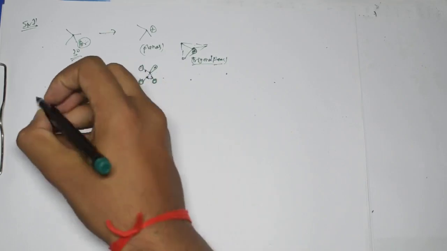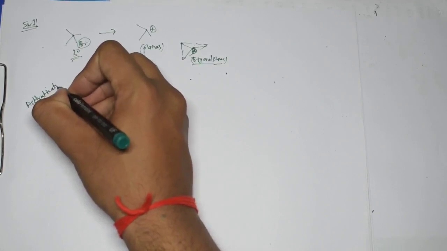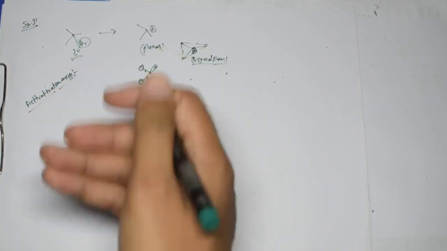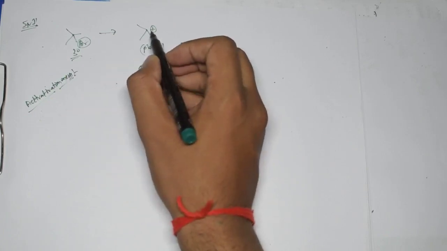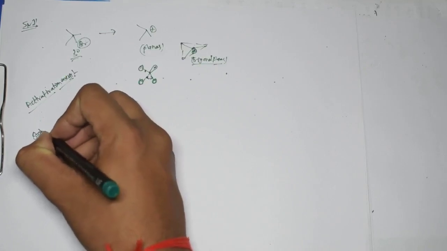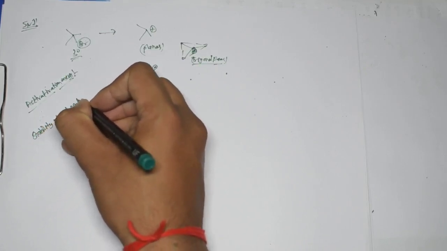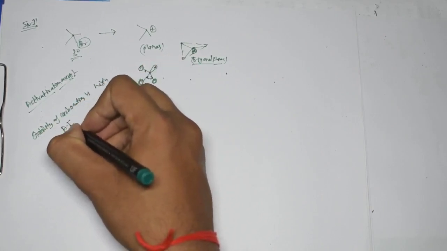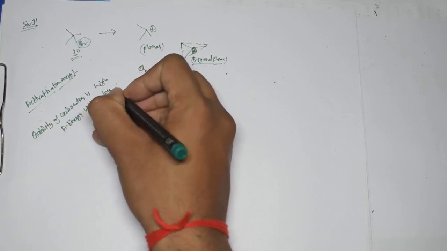And if I talk about the rate of reaction and the activation energy, it all depends on the stability of the carbocation. If the stability of carbocation is high, then the activation energy will be low.